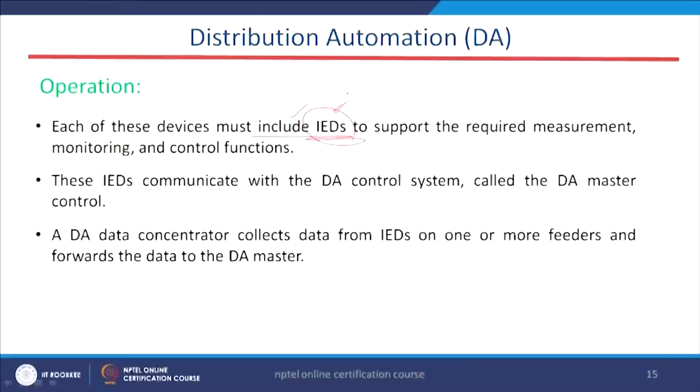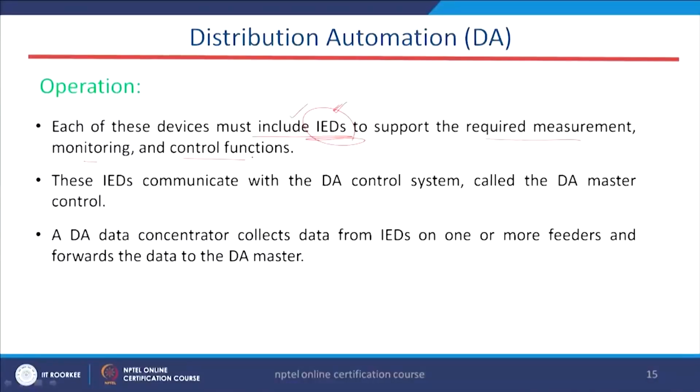From those devices the IEDs collect the data, and send it to the computer center, the main center, and support the required measurement, monitoring and control functions. These IEDs communicate with the DA control system, known as the DA master control center. The information from the IEDs will be sent to the DA master control center.